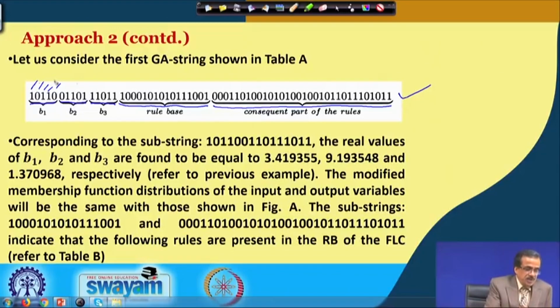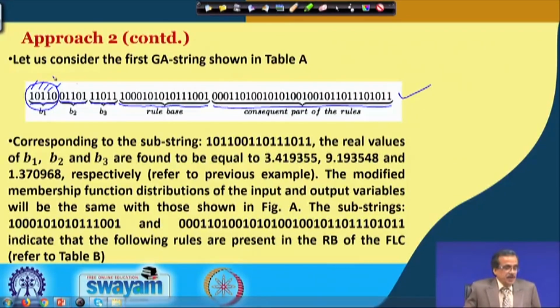Corresponding to the 5 bits used to represent B1, we can find out their real values, knowing the lower limit and upper limit for B1. If you determine the real value for B1, we get 3.419355.